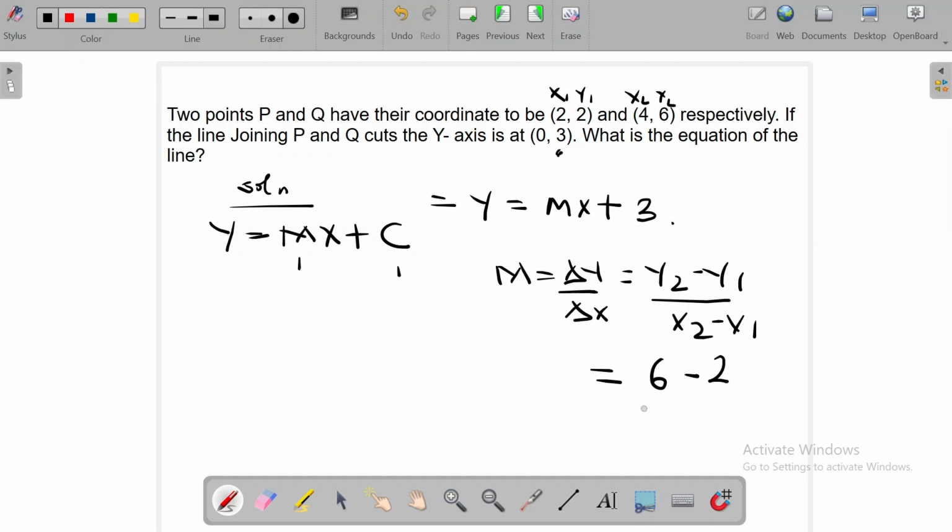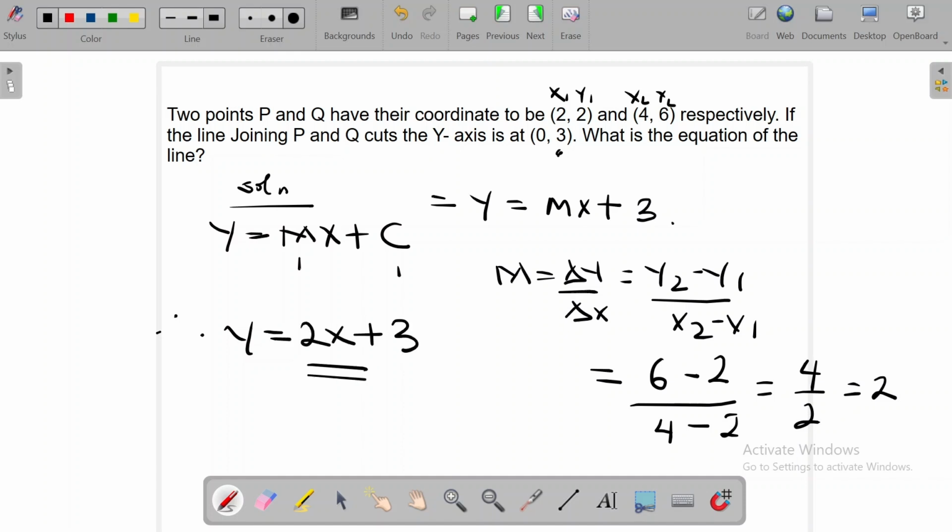It is 2. What is my x2? It is 4. And what is my x1? It is 2. This gives you 6 minus 2, which gives you 4 over 2. So I'll end up getting 2. Therefore, the equation of this line would be y is equal to 2x plus 3. And you're done.